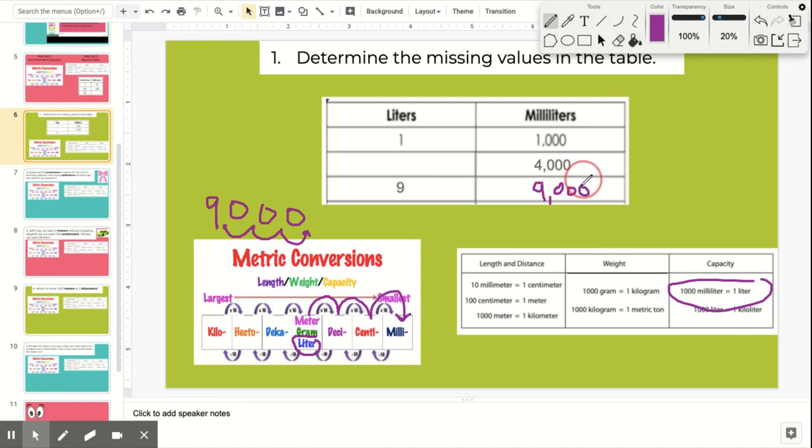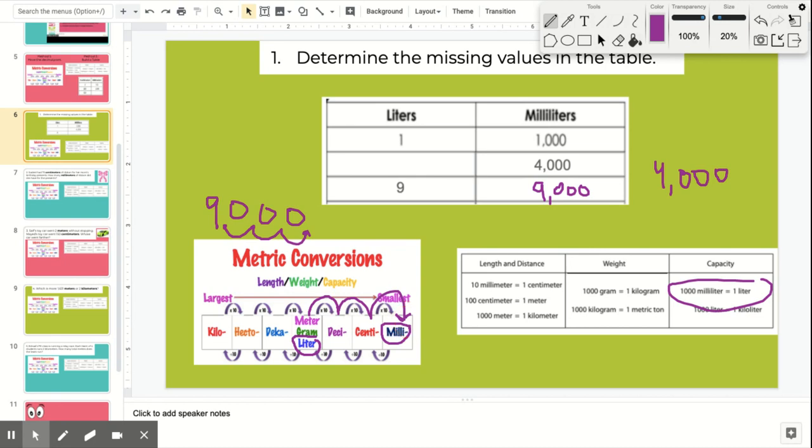Okay, and again, some of you might have seen that right away just based off of patterns you immediately recognized. So we could go the opposite way to see how many liters are equivalent to 4,000 milliliters. So if I have 4,000 milliliters, let me just write that out to the side. So I'm going to start here on my chart.